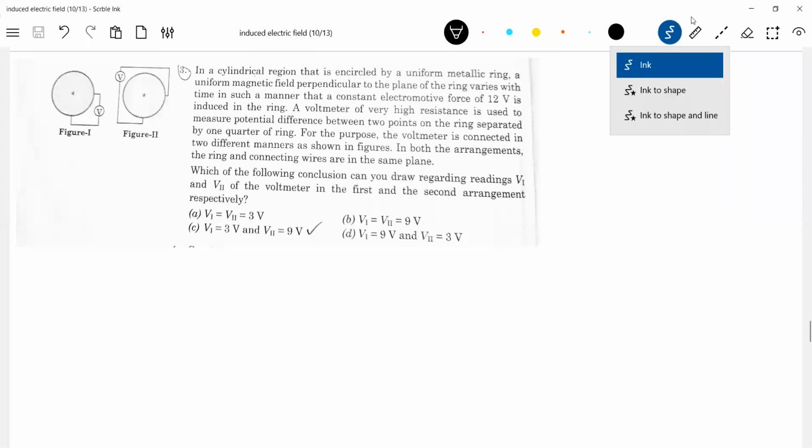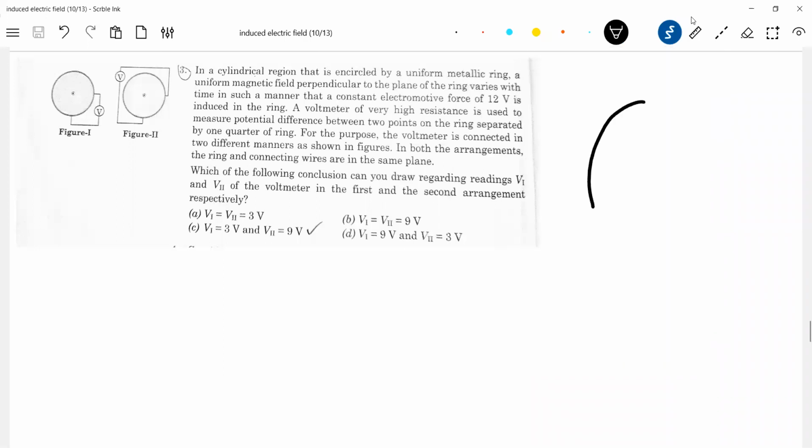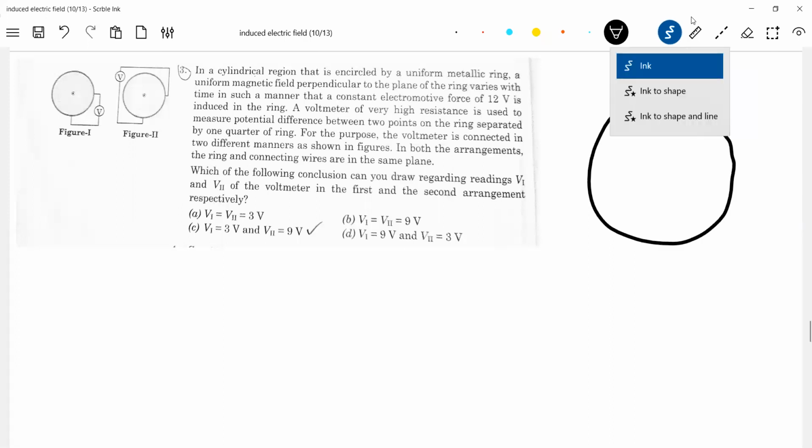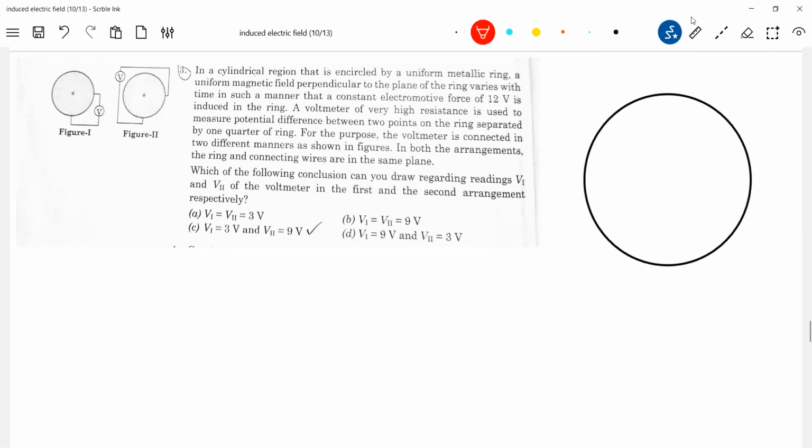First case, so this is that ring. These are the voltmeter wires.